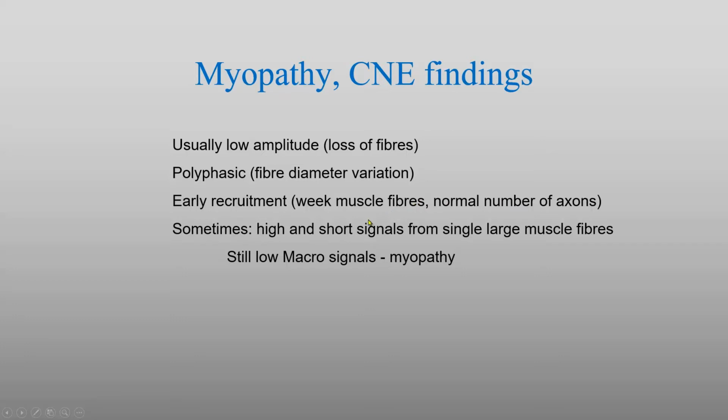Sometimes we see high and short signals, and they should not be mixed up with neurogenic changes, because neurogenic ones are high and of long duration. These are short duration, and that can be detected with macro EMG.